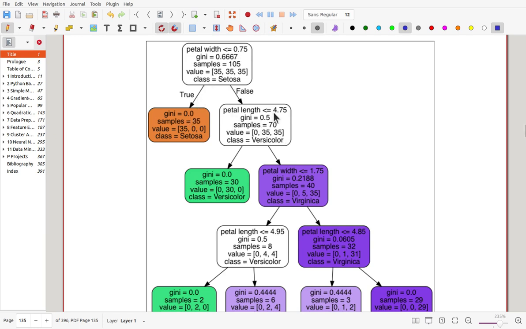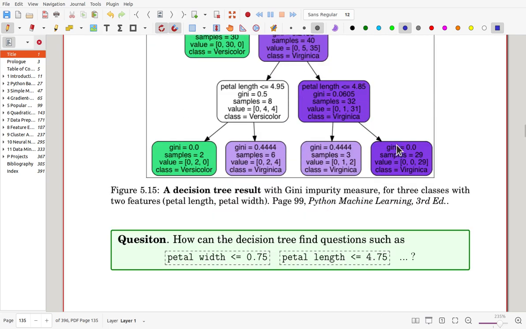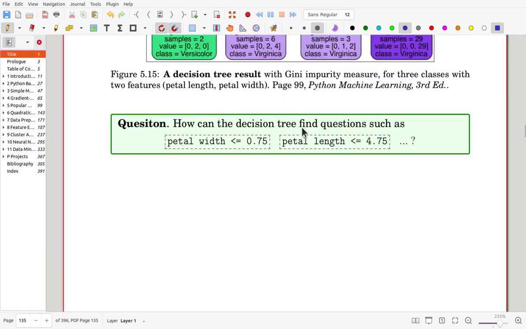Now also here is another question, and based on the question, it is split, and again with this one split, and so on. For each split, a question is involved. The question is now, how can the decision tree find such questions? That's now our question, and let's see how these questions are selected.